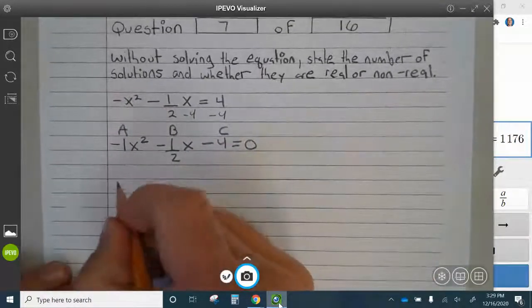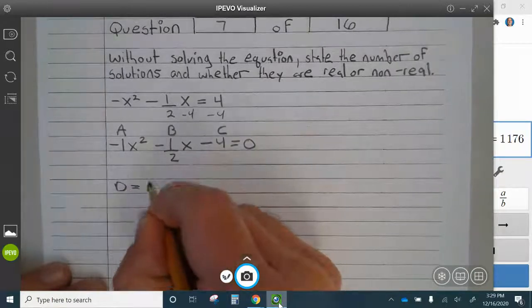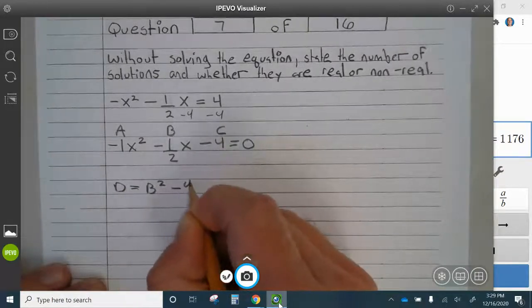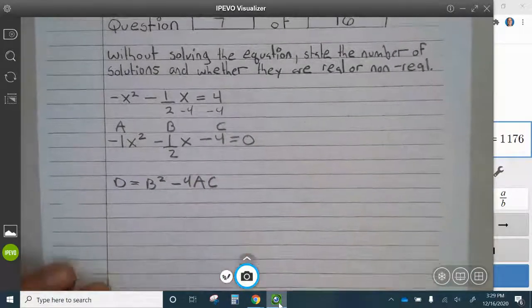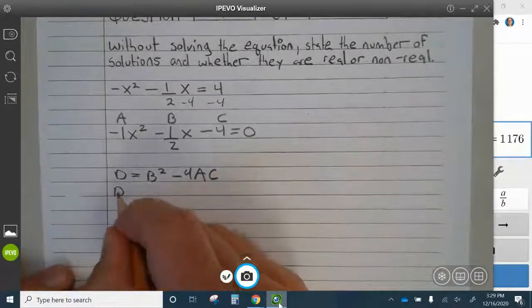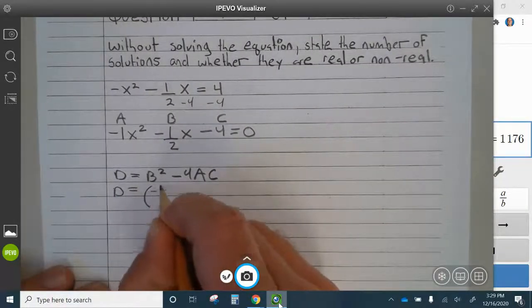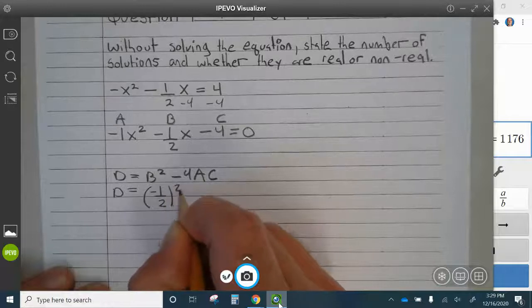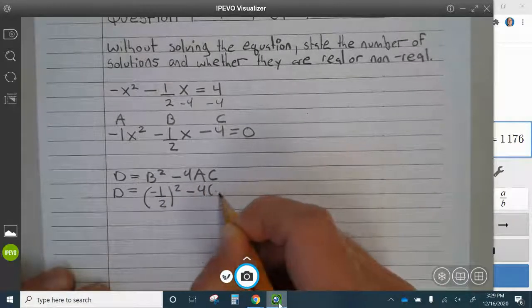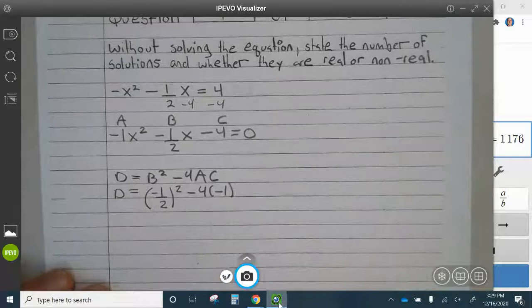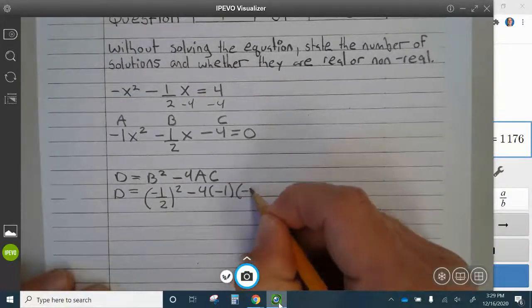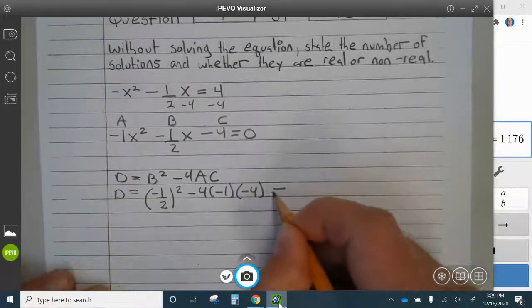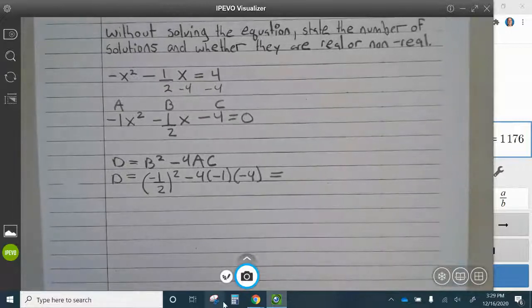Okay, now the discriminant equals b squared minus 4ac. So d equals negative 1 divided by 2 squared minus 4 times a, which is negative 1, times c, which is negative 4. And let's go ahead and put that in the calculator.